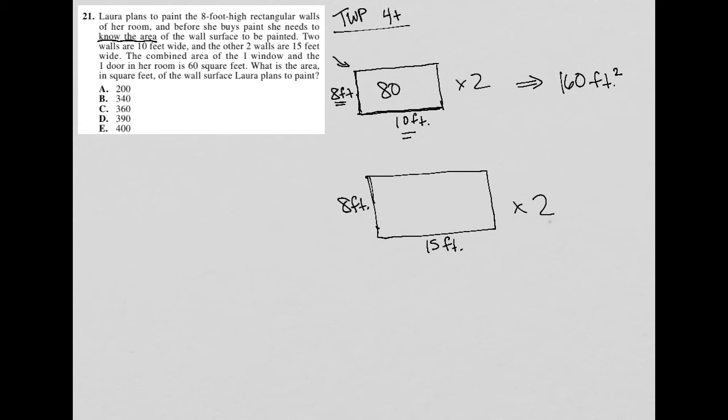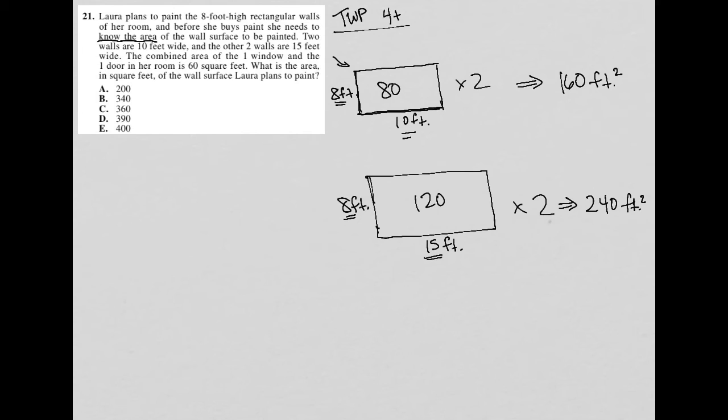And then here, base 15 times height is 120. So I have 120 here. But 120 times 2 gives me 240 square feet. Okay, so again, it kind of shows you how I'm thinking through this, and I'm working it out as I go versus reading the whole thing and then trying to go back and piece things together.